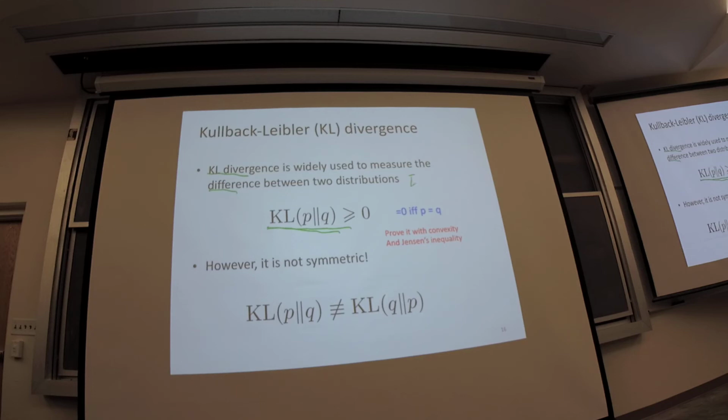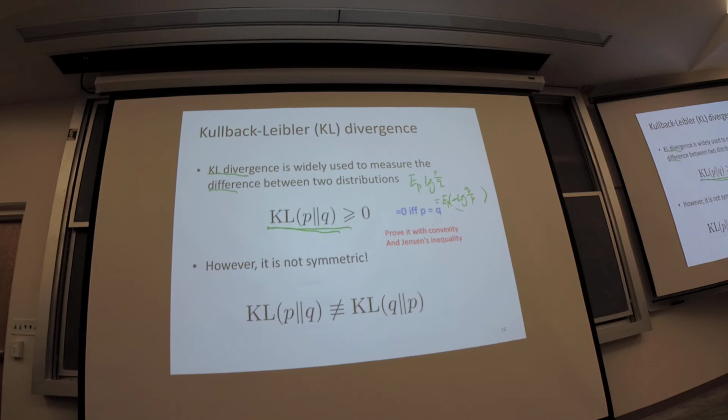Remember the KL divergence between P and Q is the expectation over P of log P over Q. If you take the negative sign out, it becomes the expectation of minus logarithm Q over P, right? It's the same, just switch the denominator and numerator.